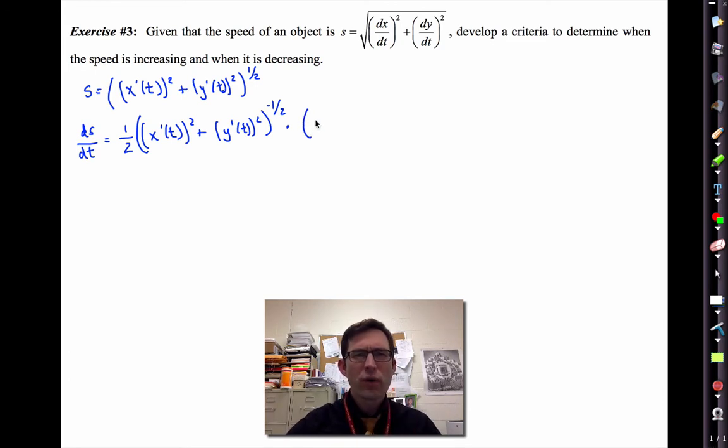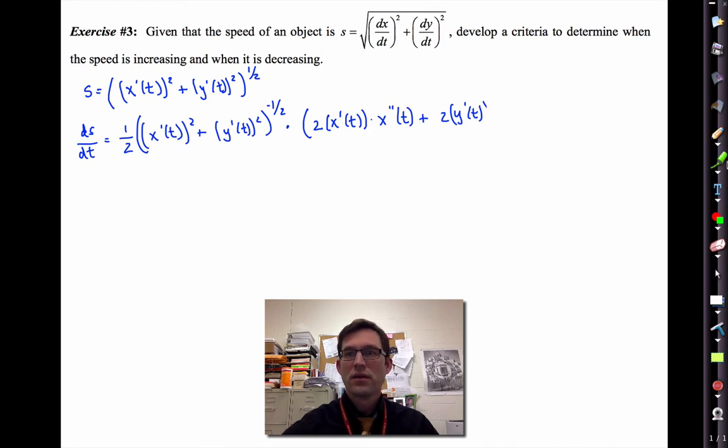What's the derivative of what's inside? Let's see, we have to do this using the chain rule as well. 2 times x prime times x double prime plus 2 times y prime times y double prime. There we go.